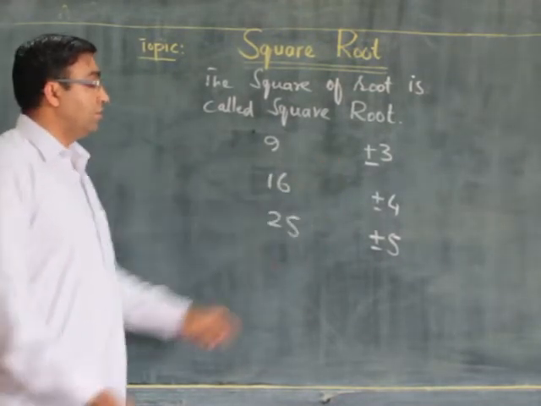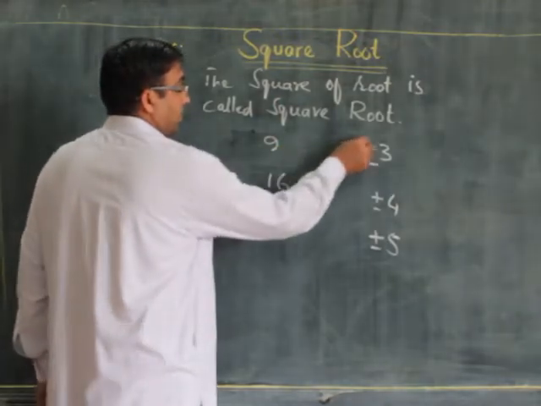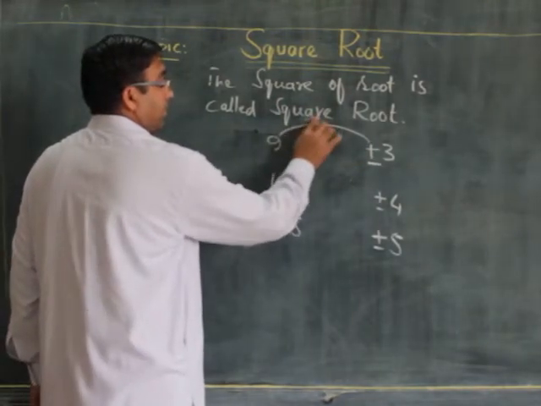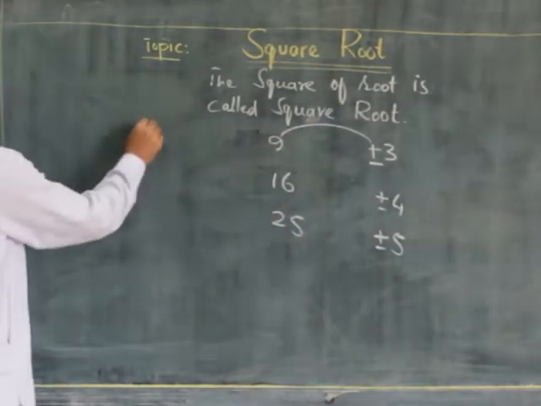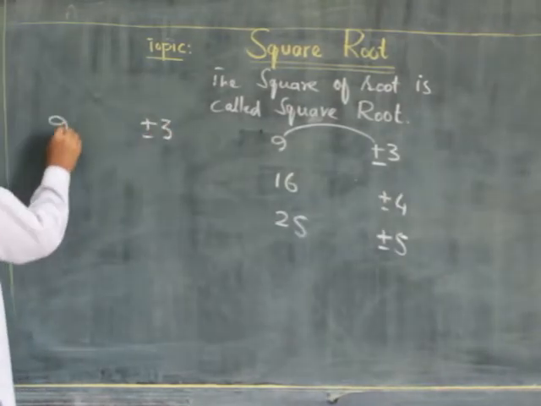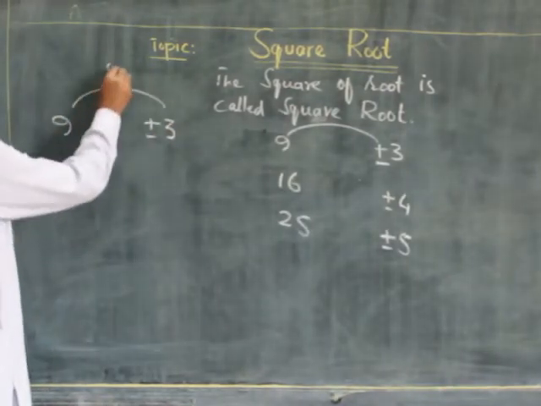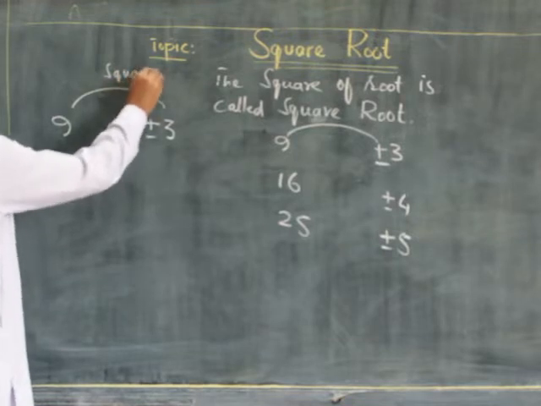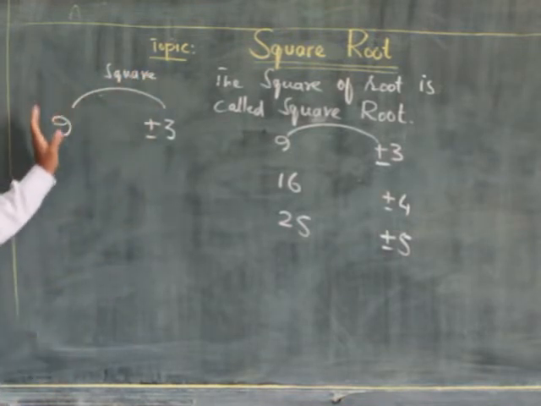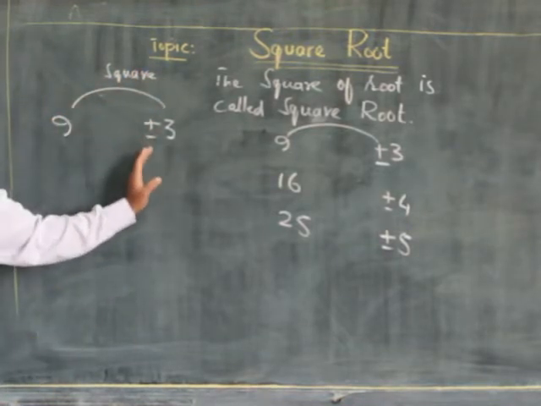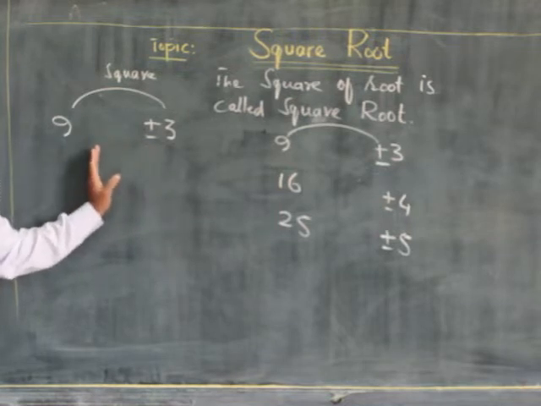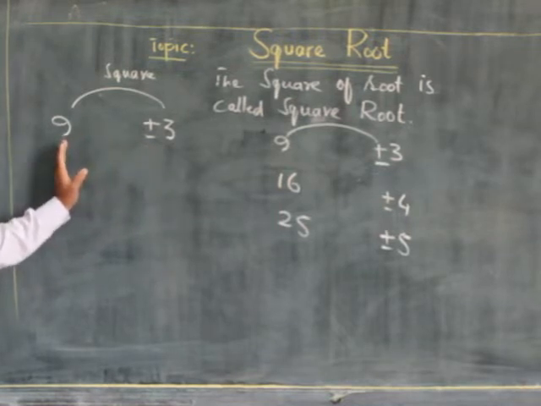When you take the square of any root, plus minus 3, when you take the square of plus 3, it will give result 9. When you take the square of minus 3, it will also give result 9.